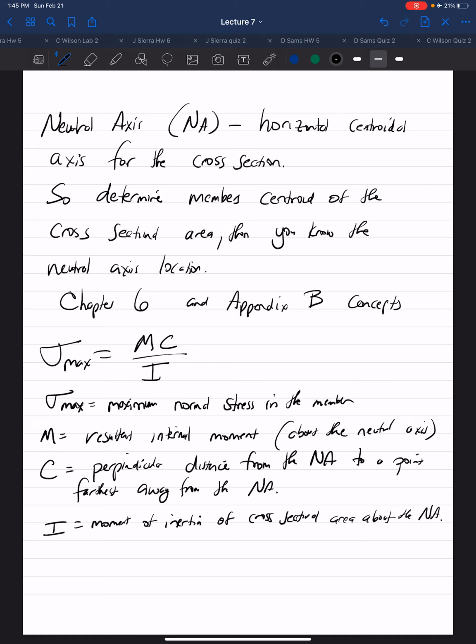Let's take a look at a problem. Problem 11-48. This is on page 538.